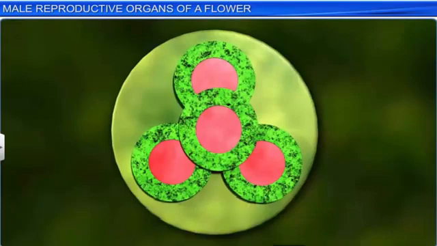These agents include biotic agents such as insects, birds, bees, butterflies, and mammals such as bats, as well as abiotic agents such as wind and water.